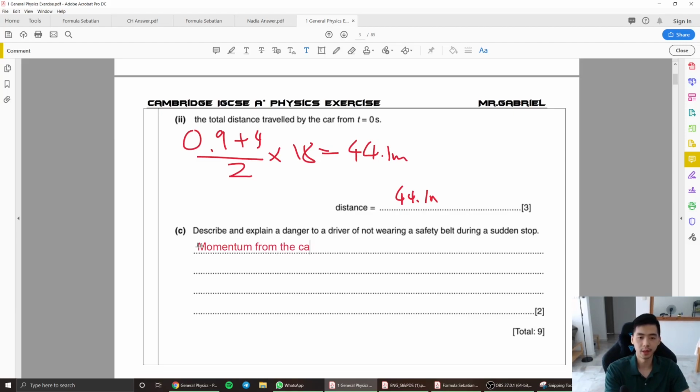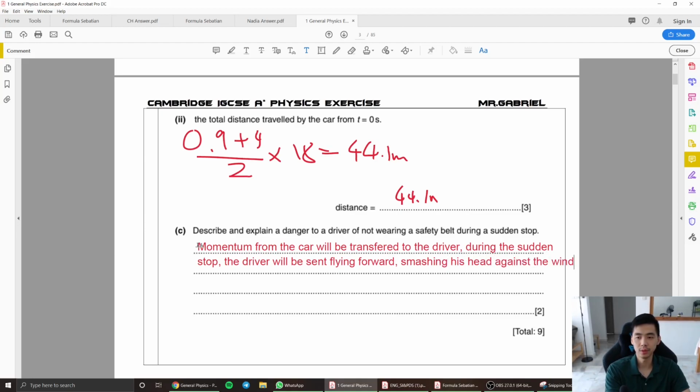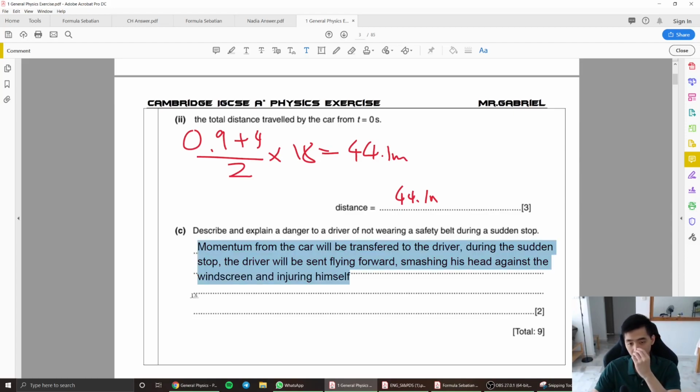Momentum from the car will be transferred to the driver during the sudden stop.